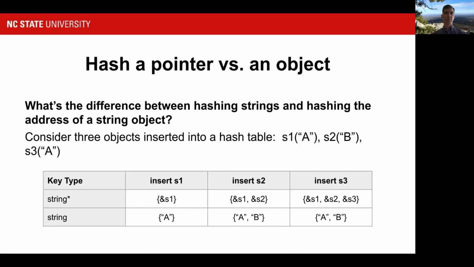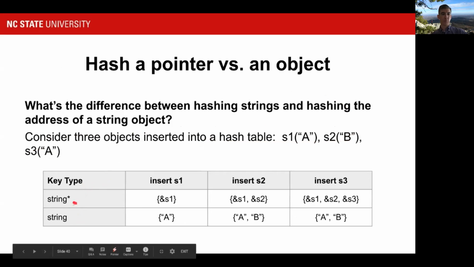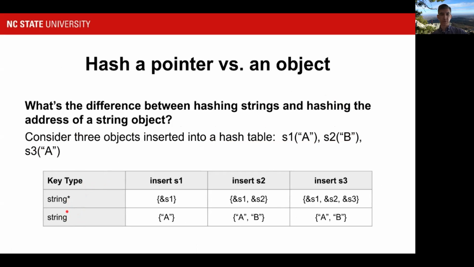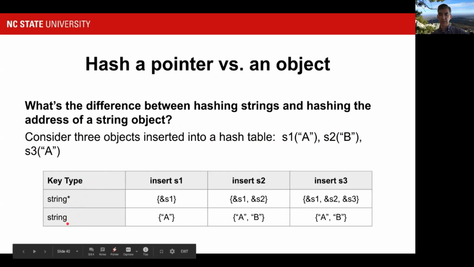Let's look at the difference between hashing a pointer versus an object for the case of a string. Okay, so let's say I have three objects, S1 that holds the string A, S2 that holds the string B, and S3 that holds the string A again. And then I have two different key types for my hash table, one that's a string pointer and one that's just a string. So for string pointer, I'm only going to look at the address of the object, but for string, I'm going to look at the content of the object.